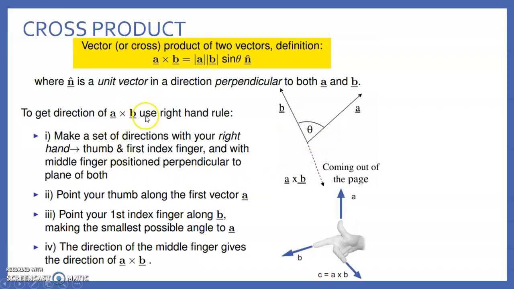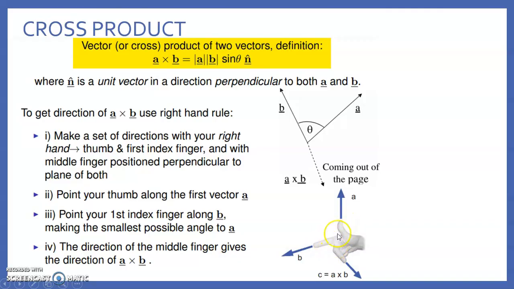If you want to find the direction still more, use the right hand rule. Take a right hand and see, you can see in this diagram, the thumb, first finger and middle finger positioned perpendicular to each other. This thumb is perpendicular to this index finger, this index finger is perpendicular to this middle finger, and once again the thumb is perpendicular to the middle finger.